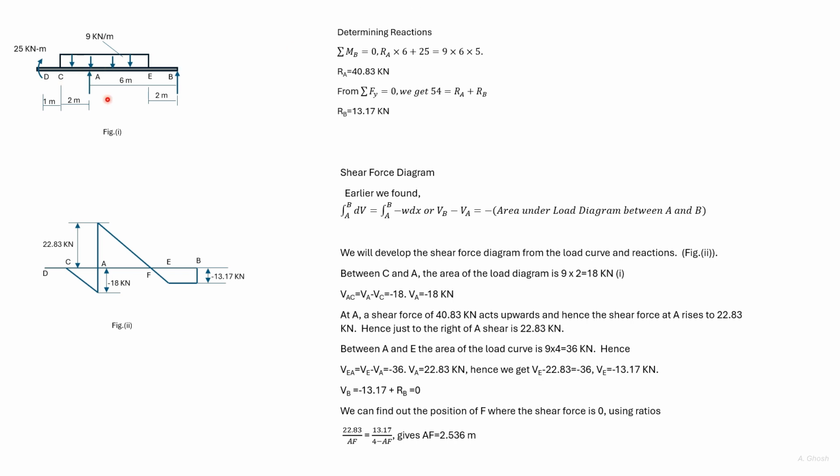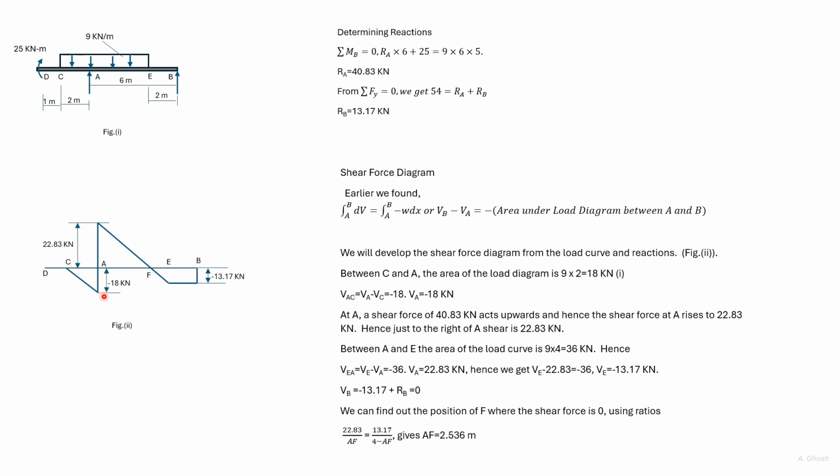Between C and A, the area of the load diagram is 18. Then we get VAC is equal to VA minus VC, which is equal to minus 18. Now VC is 0, so we get VA is equal to minus 18.